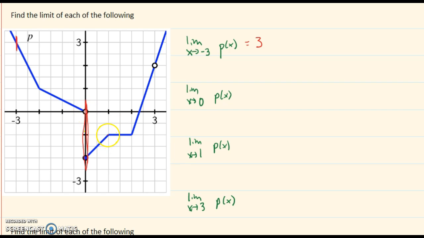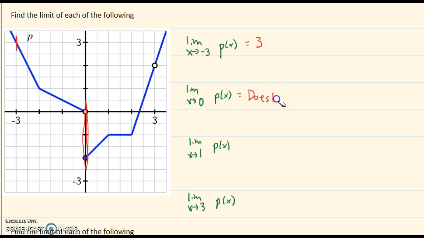But from the right-hand side, when I drop down here, I'm actually approaching a different number completely. It doesn't matter that it's defined here but not defined here. It's about making sure that the function is approaching the same y-coordinate, or output, from the left or the right, and it's not. So what I'm going to say about that limit is it does not exist.